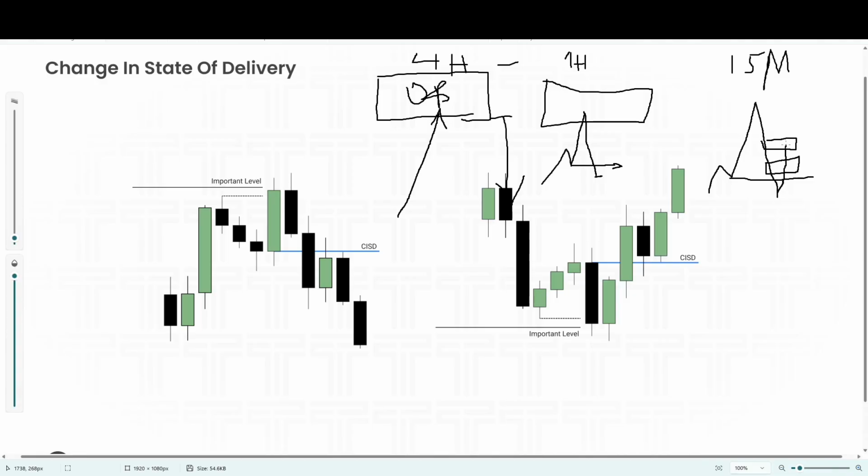Then tapping there doesn't mean we have to enter. We want now price to come and clear this 15-minute CISD line. So it has to now create another CISD V-shape formation.